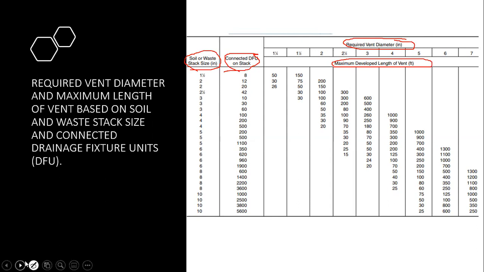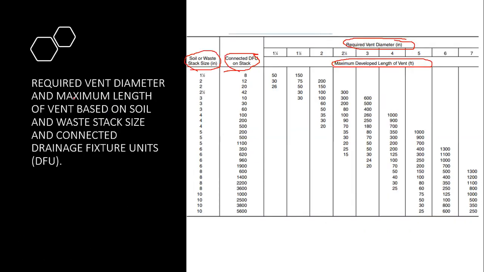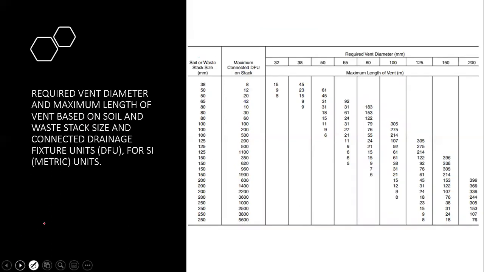I have read these one by one. Once you see the examples, you will be able to see it. Required vent diameter and maximum length of vent based on soil and waste stack size and connected drainage fixture units, DFU, for SI metric units.